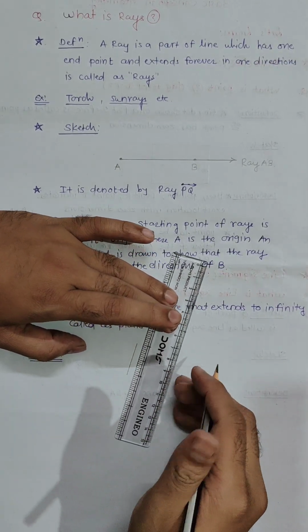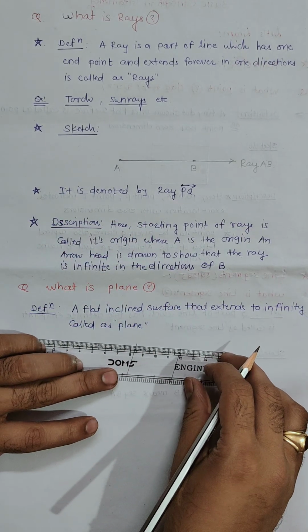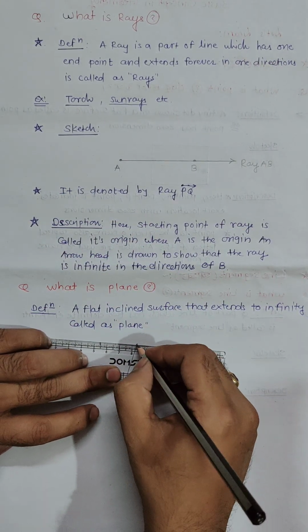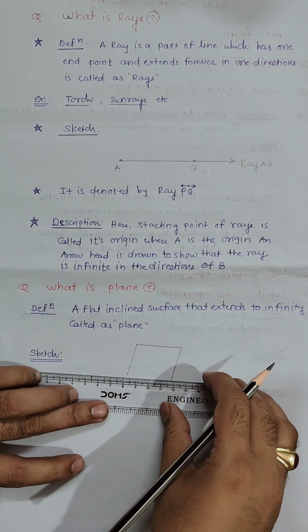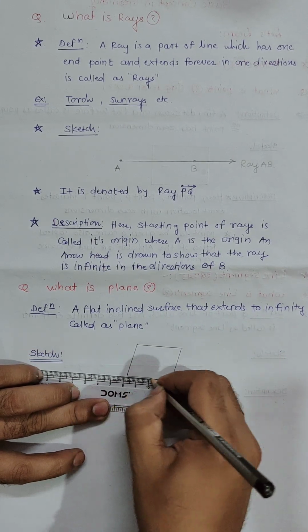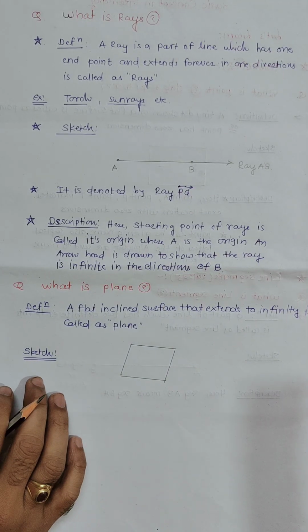A flat inclined surface is nothing but the plane that extends to infinity. Clear?